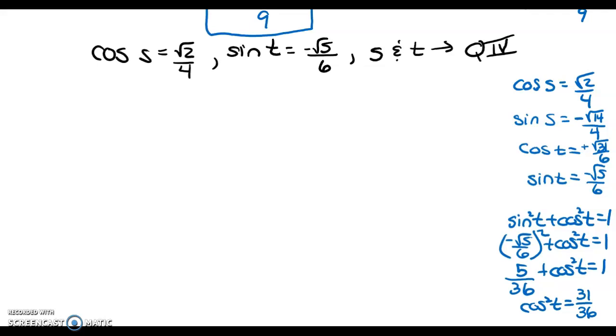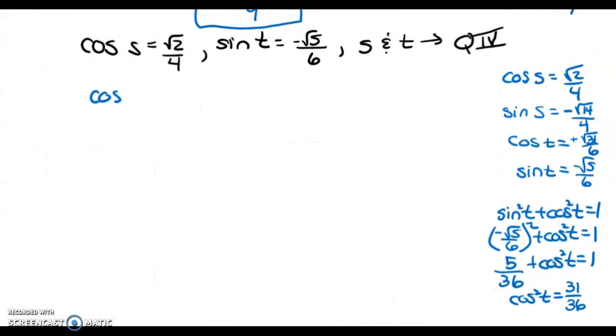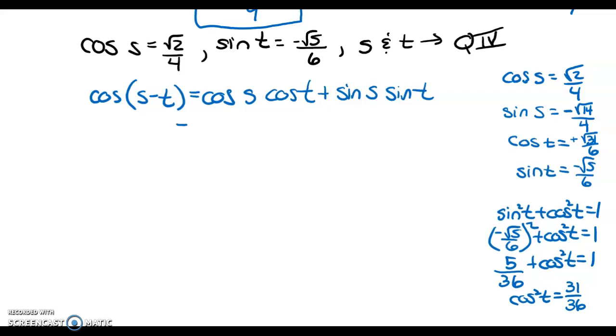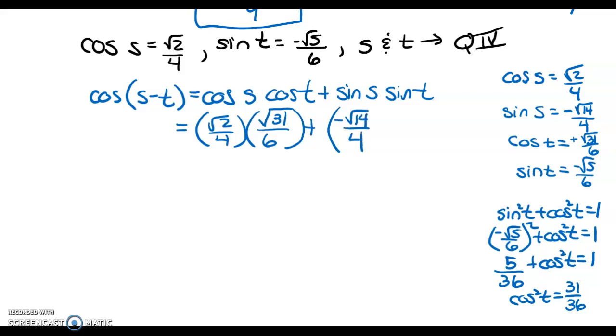So now I'm just going to go ahead and plug my values in. Which one do we find first? The subtraction. Cosine of s minus t equals cosine of s, cosine of t plus sine of s, sine of t. So my cosine of s is radical 2 over 4. My cosine of t is radical 31 over 6. My sine of s is negative radical 14 over 4.